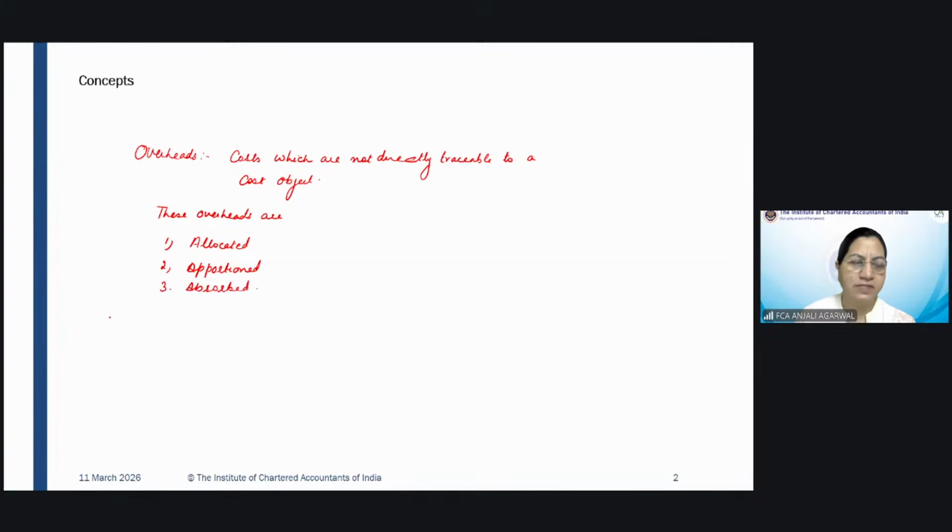So overheads are basically of different types, like you will come across production overheads. One of the ways to classify the overheads is production overheads. A good example of this is depreciation on machine. There can be administrative and office overheads.